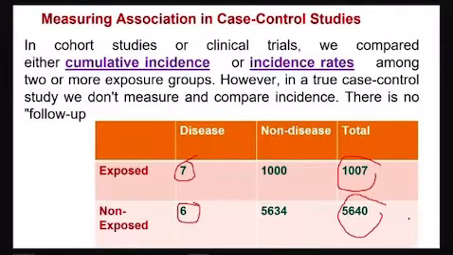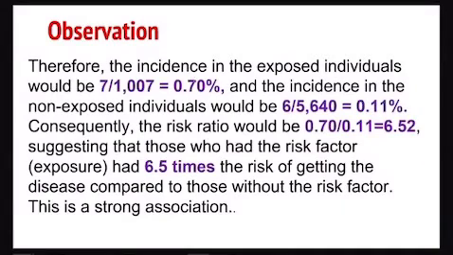So when you do 7 over 1,007 and 6 over its total, that's what I'm doing here. This will lead me to this, then I will be able to get my risk ratio.